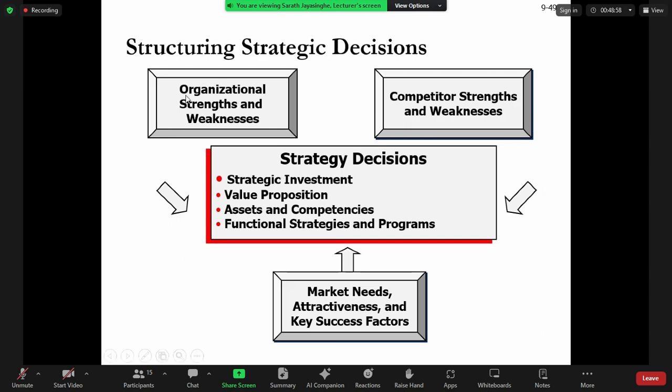Right? Yeah, we know these things, then strategy decisions: strategic investments, value proposition, assets and competencies, and functional strategies and programs. When we think just like a model, we can see that picture.